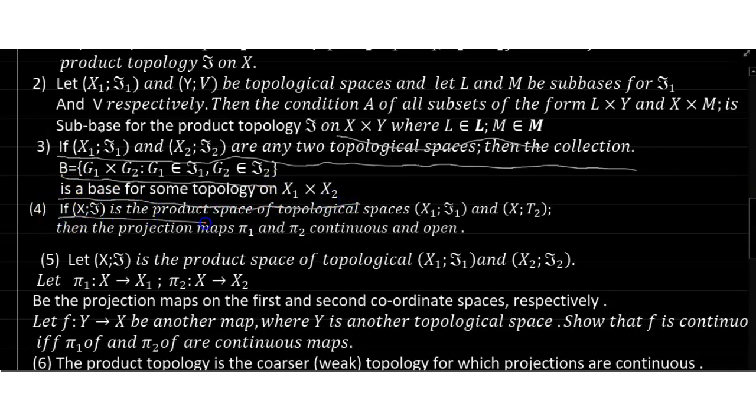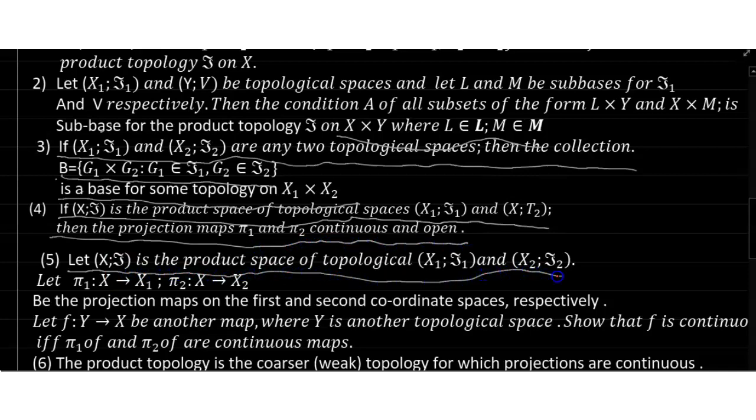If (X, tau) is a product space of topological spaces (X1, tau 1) and (X2, tau 2), then the projections pi 1 and pi 2 are continuous. Let pi 1 from X to X1 and pi 2 from X to X2 be the projection maps on the first and second coordinate spaces respectively.